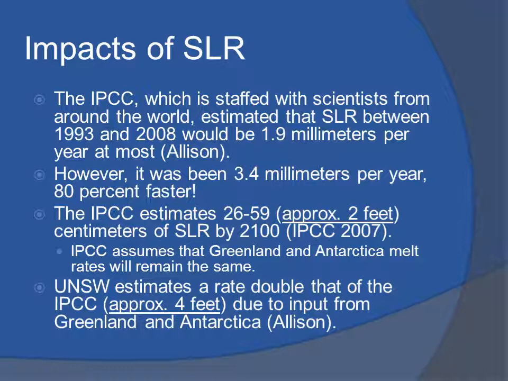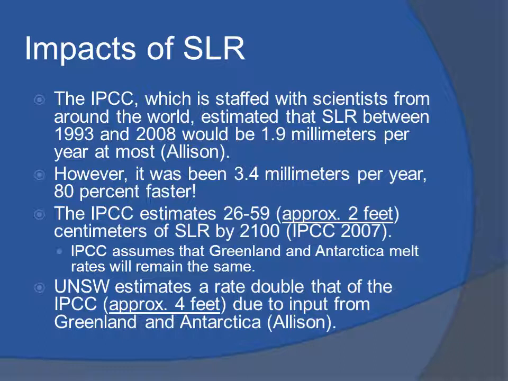The IPCC also, in its 2007 report, estimates that by the year 2100 we might have between 26 and 59 centimeters of sea level rise, which is at most 2 feet. But the IPCC assumes that Greenland and Antarctica melt rates will not change, and other studies have feared that these melt rates will in fact increase dramatically.